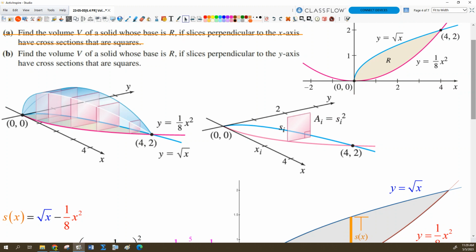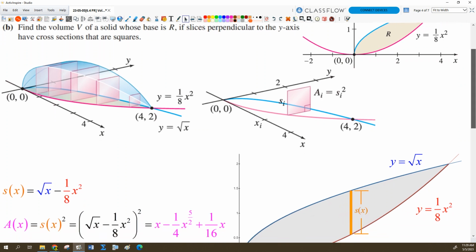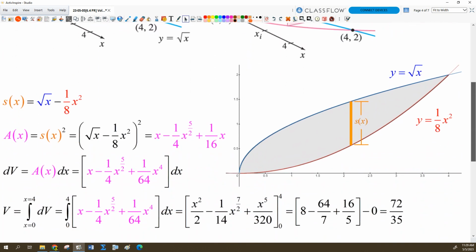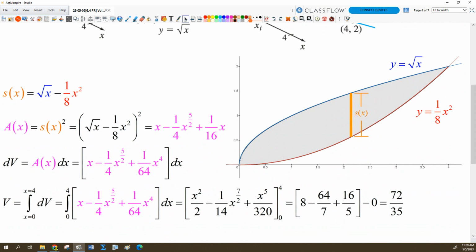Yes, sir. So when you're trying to find s of x, is it from the y, the very top function? Yeah, that's all it is, right? If we're slicing perpendicular to the x-axis, then a vertical line is cut through our base, and we just need to find out, how long is that?